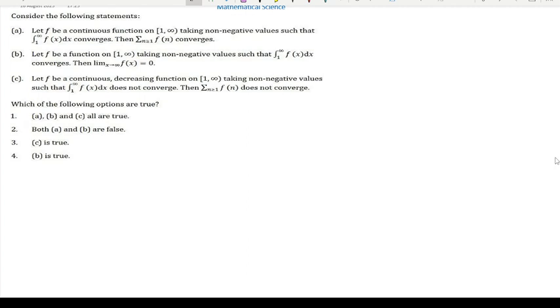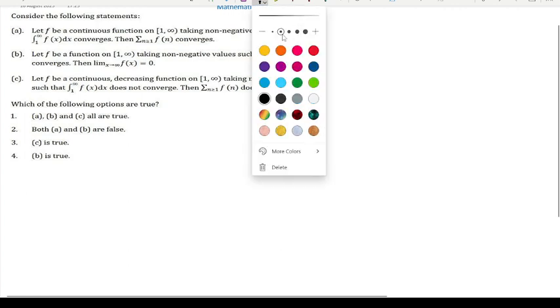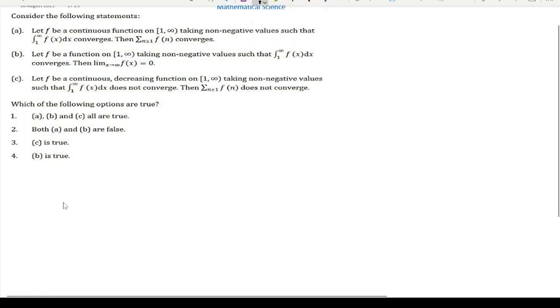Let f be a continuous function on [1, infinity) and it takes only non-negative values. So clearly this function maps from [1, infinity) to [0, infinity), because it takes only non-negative values. Now it is given that the integral from 1 to infinity of f(x) dx converges.